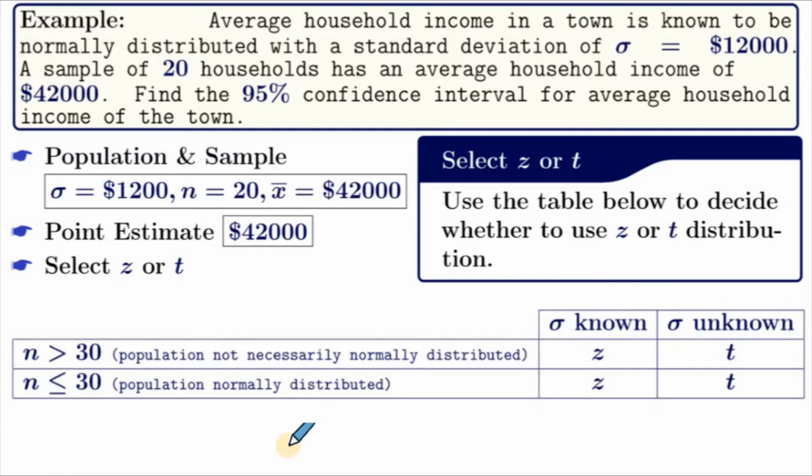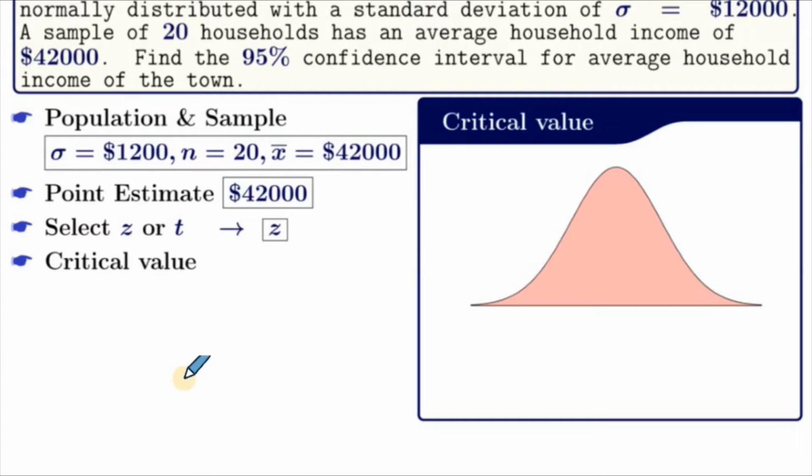Here, since sample size is less than 30 and sigma is known, we use Z. For 95% confidence interval, critical value is 1.96. For more detail on finding critical value, please look at my other video.